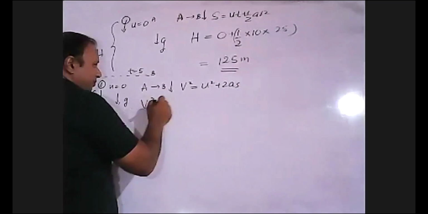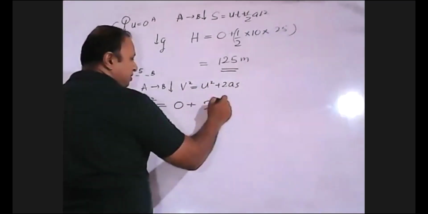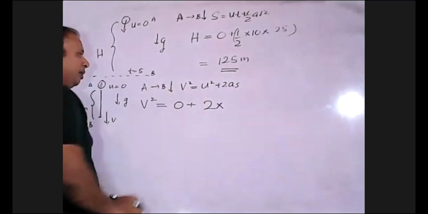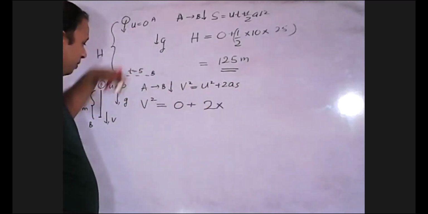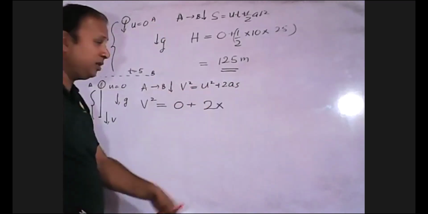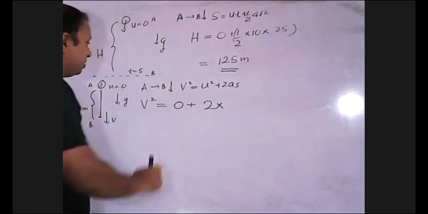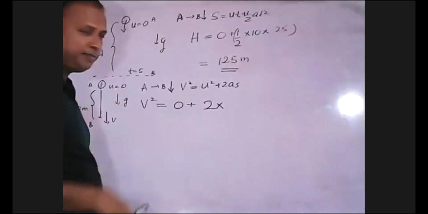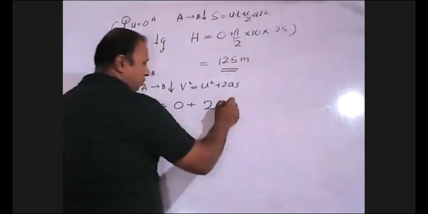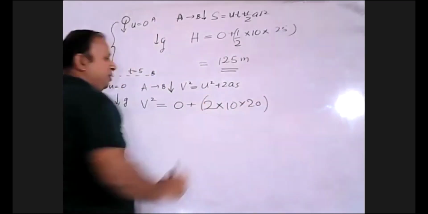v square, u square is 0, 2 times a. Normally, gravitational acceleration is in the downward direction, we choose the direction as downward, therefore both directions are the same. So it is positive 10, s is 20.